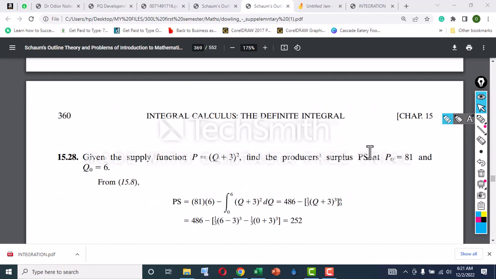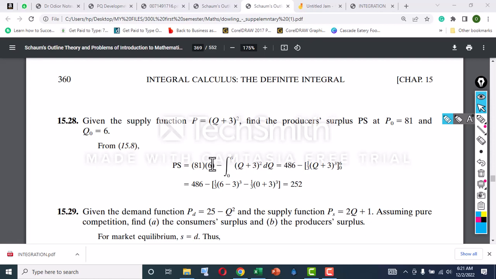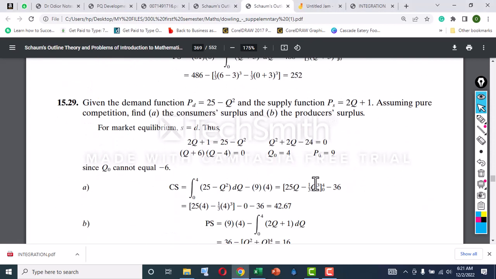In a situation whereby you are not given both functions, that you are just to find one of them, they will give you the equilibrium price and quantity. But in this case, they won't give you, because they are giving the functions, they expect you to be able to find your price and quantity with this. So your equilibrium price and quantity is just you equating these two functions.